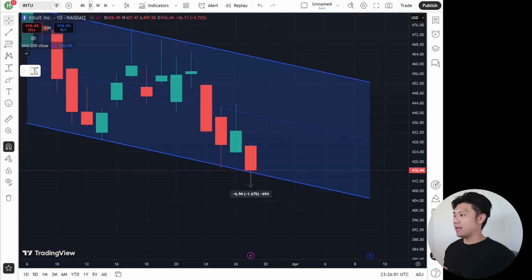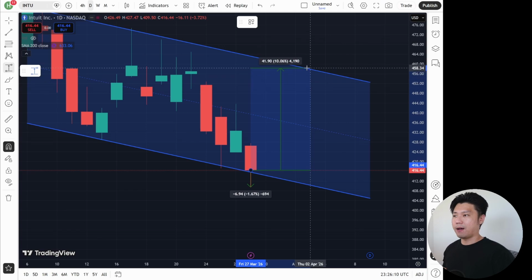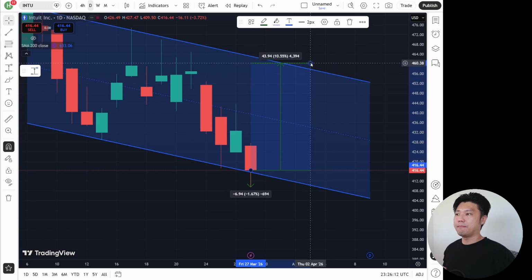On the reward side, let's assume that Monday is going to open around that range. If I draw that, that is about 9 to 10% upside.